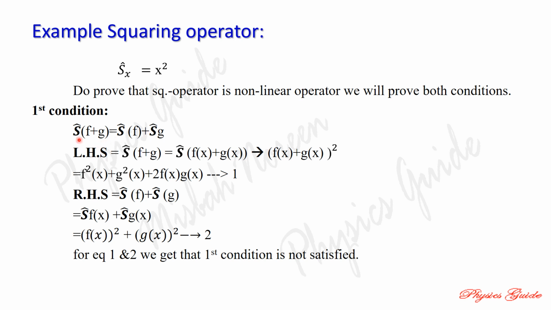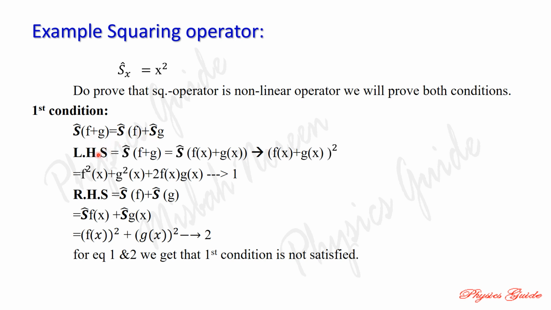the square operator, and we take two functions or state vectors or vector elements, for example f plus g, two different functions f plus g, which is equal to the operator applied to the first function plus the operator applied to the second function. So this is the left hand side and right hand side.